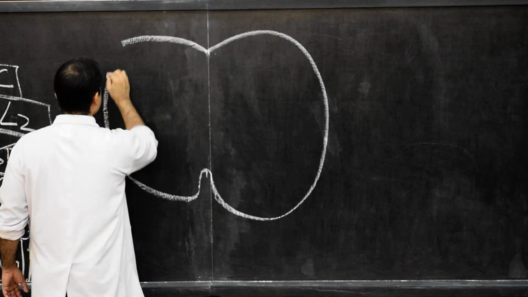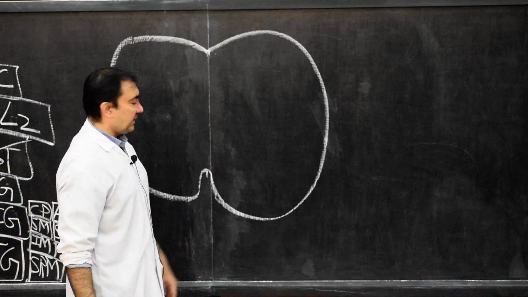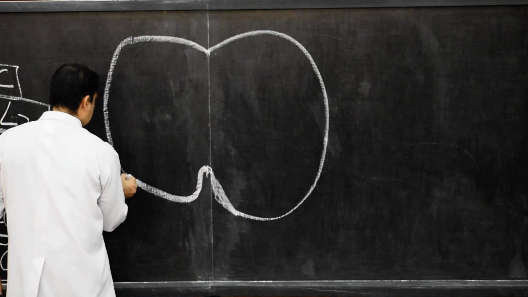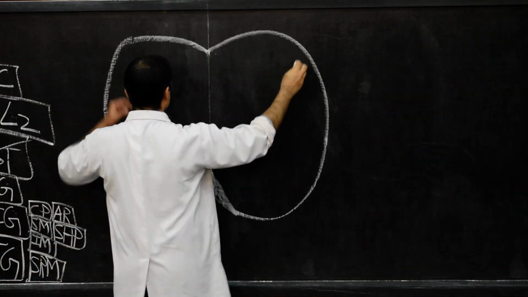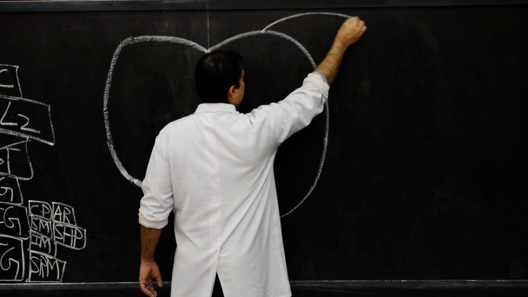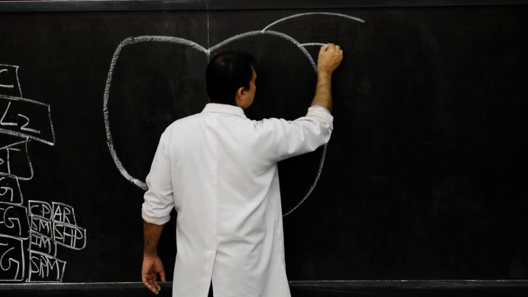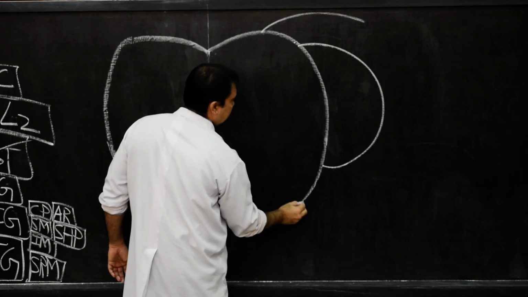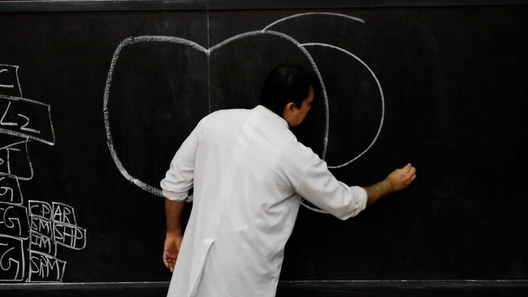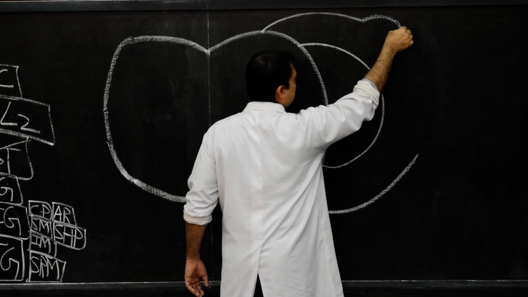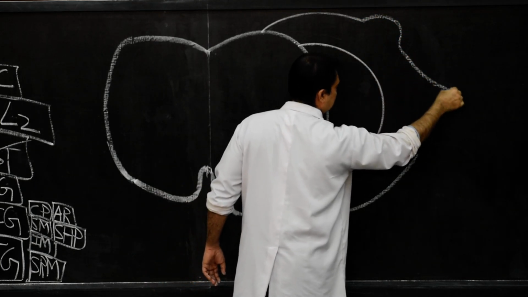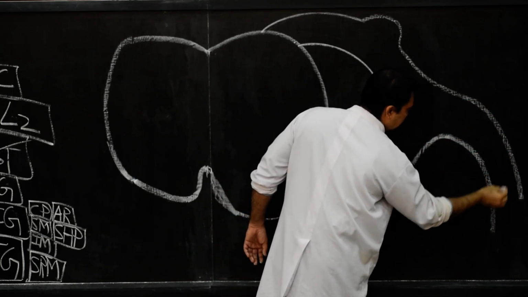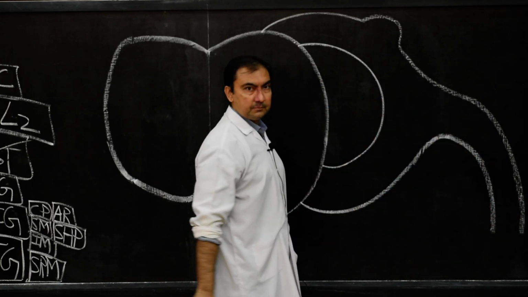This will be the average cross section of a spinal cord, and then on both sides we will continue this as the dorsal nerve root, and here we shall draw the ventral nerve root, and here we are going to draw this ganglion, and then this will continue as the spinal nerve.